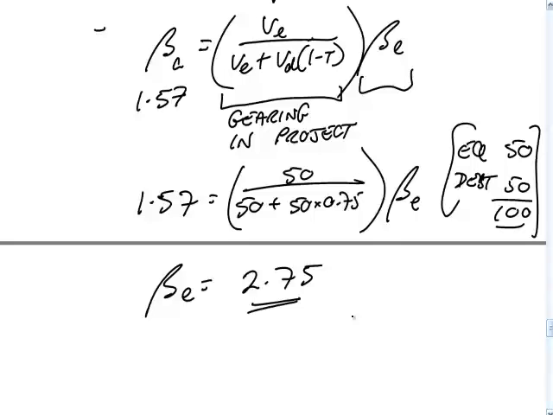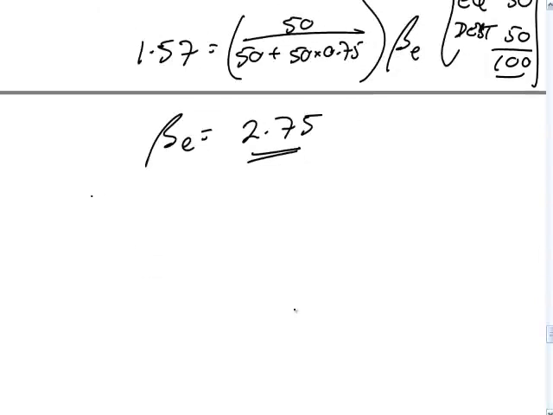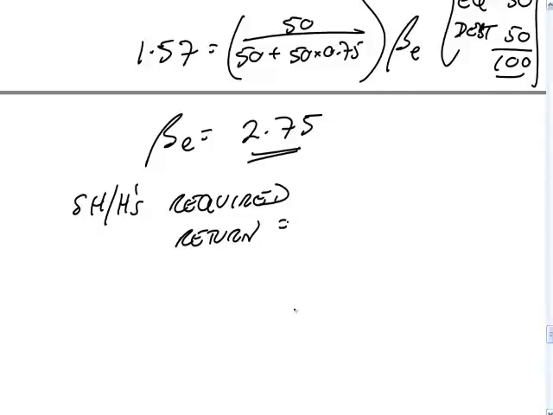And so what return will shareholders want now? The shareholders' required return, normal formula, risk-free plus beta times the premium. The risk-free is 8, beta 2.75.